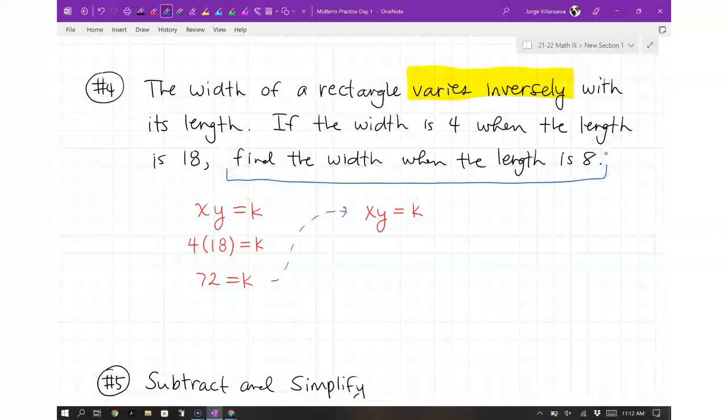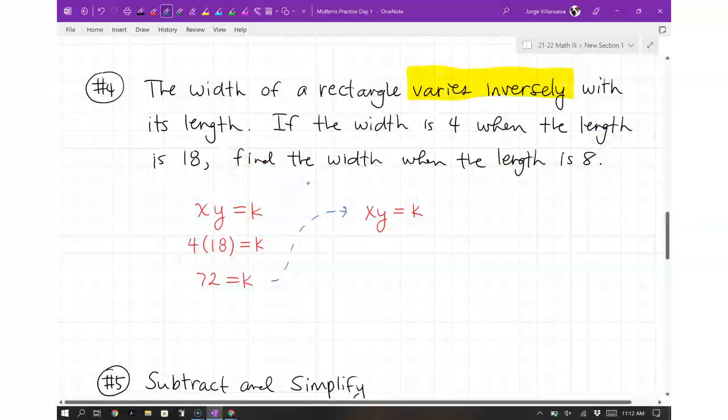So if y is 8. So here we go. x times 8 equals 72. Well, that's 8x, right? So you just divide by 8. So x equals 9. And you're done.